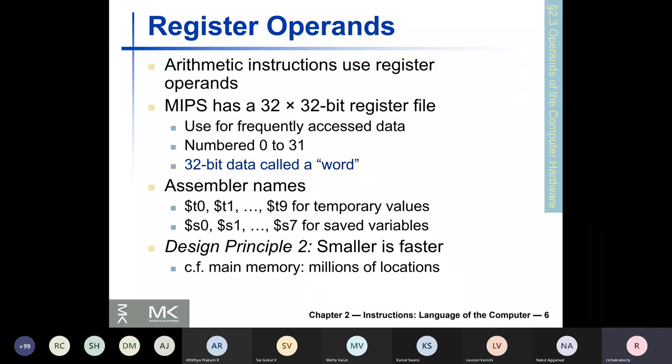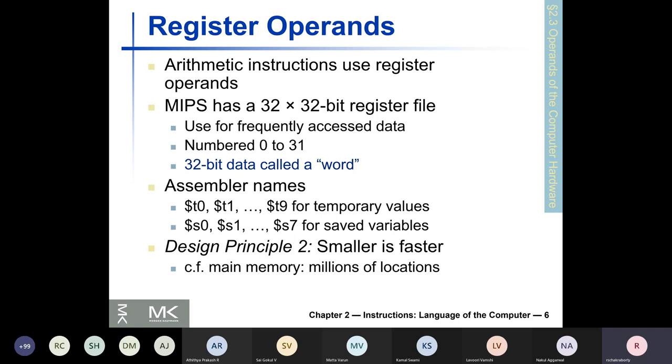An assembler is software which converts assembly language programs that we are going to write in text form to the final binary form that can be executed by the microprocessor. So these assemblers use symbolic names $T0, $T1, etc., and $S0, $S1, etc.